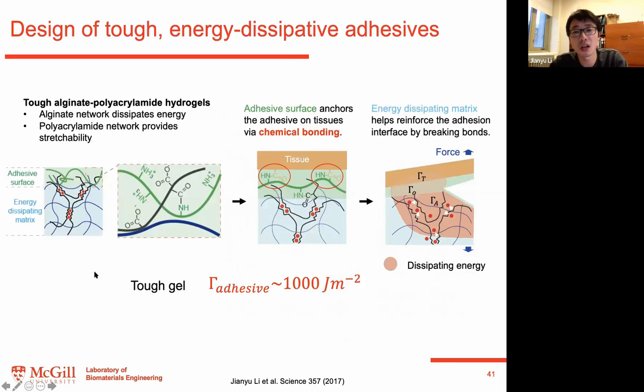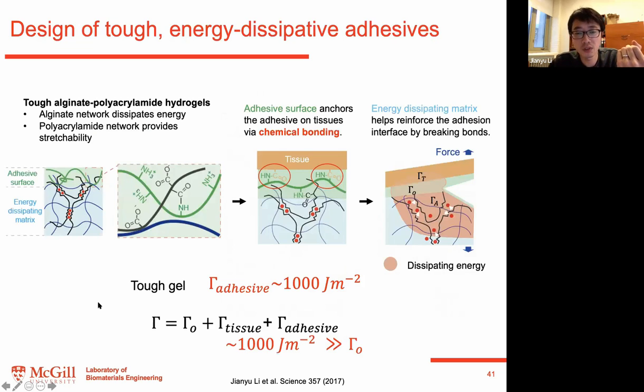The combination of this enables our design, and we can have both a large contribution from the interfacial bonding and the adhesive matrix. And the adhesive matrix is dominant, right? It's on the order of 10 joule per meter square, and we can end up with a much higher adhesion energy compared to the intrinsic work of adhesion.